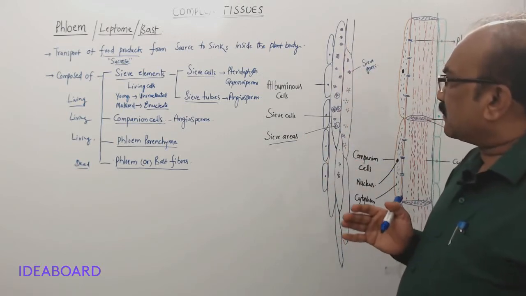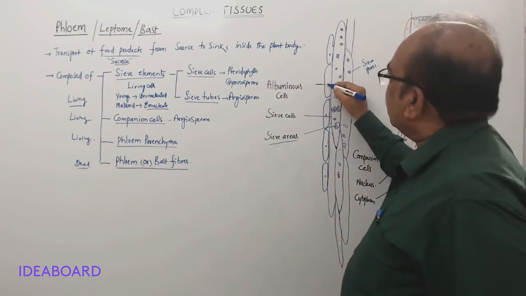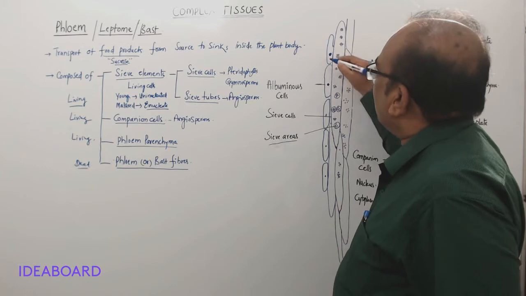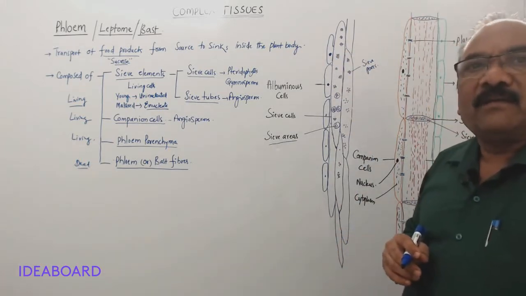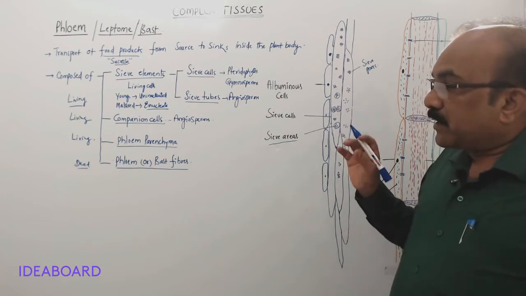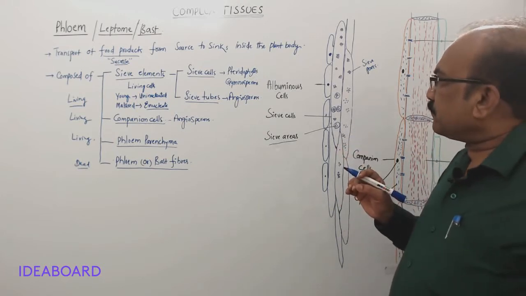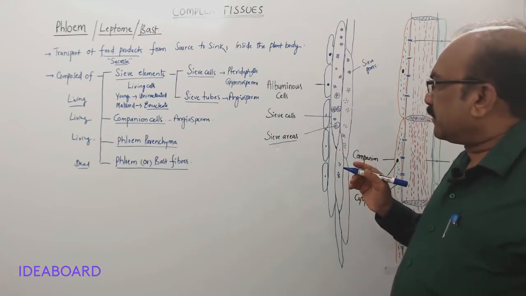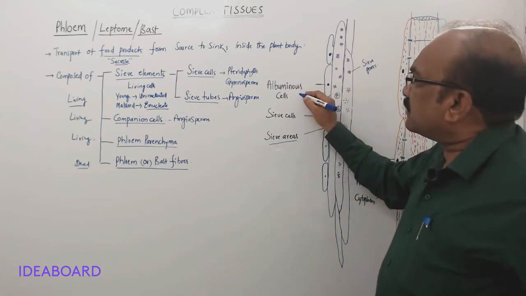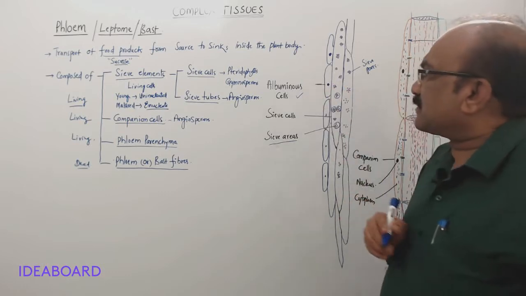And remember that once their nucleus degenerates, who will control the metabolic activities of these cells? For that purpose, some parenchyma cells are modified, and these modified parenchyma cells are called albuminous cells.